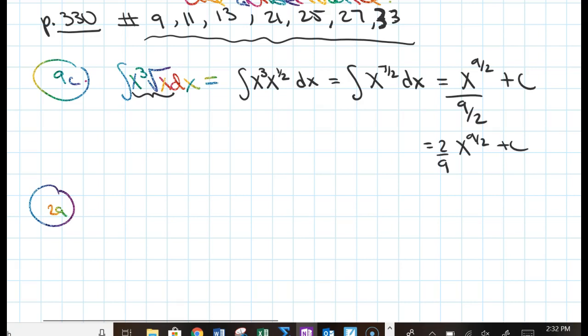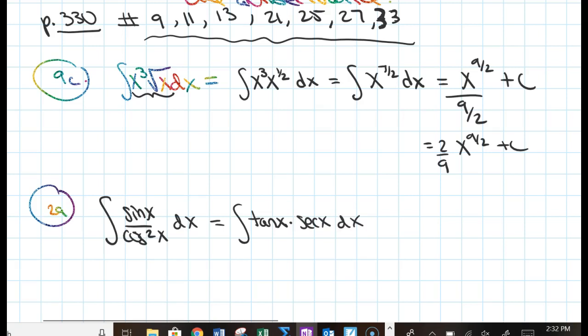Okay? 29 looks like this. The indefinite integral of sine x over cos squared x dx. Once again, I'm going to look at this and recognize that I do not recognize this as the output of any derivative rules, but I can rewrite. This I recognize as the same thing as the indefinite integral of tan x times 1 over cosine x, or tan x times secant x dx.